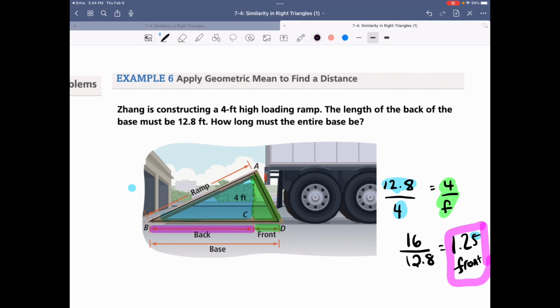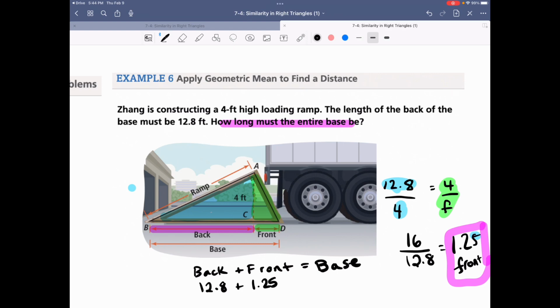If this is the front piece, 1.25, then to answer the question, how long must the entire base be, we have to add the 1.25 to the back. So the back plus the front equals the base. The back was 12.8, the front was 1.25.